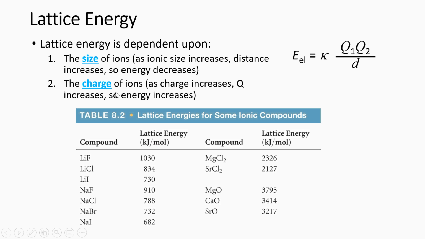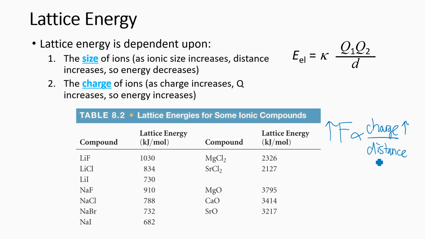And this might kind of sound familiar to what we talked about with periodic trends. We talked about the attractive force being proportional to the charge divided by the distance. So as the charge of the ions increases, the attractive force between those ions is going to increase.